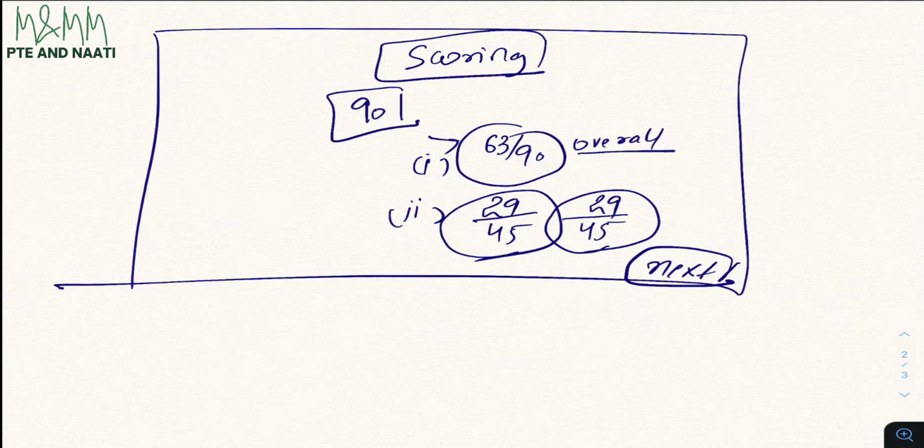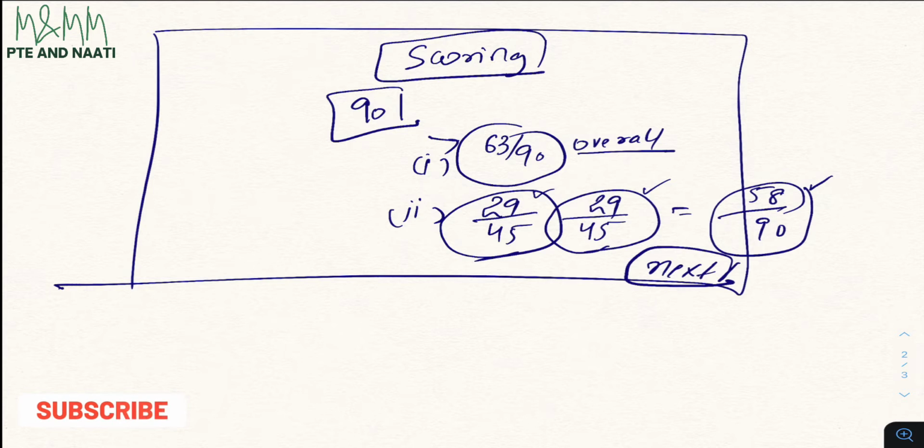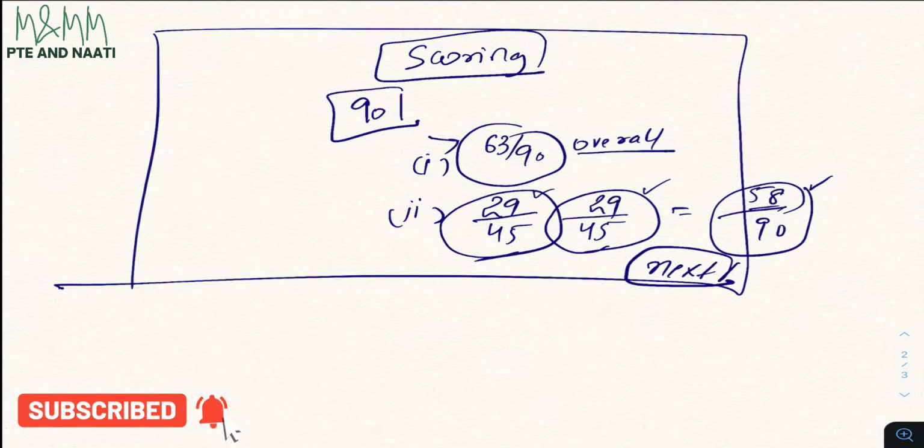Now, your question to me could be, if I add these numbers up, 29 and 29, it's only making 58 out of 90. So how will I pass this particular exam? What happens here is, minimum we still need 29, but if you add that number up, it's not making 63 out of 90.